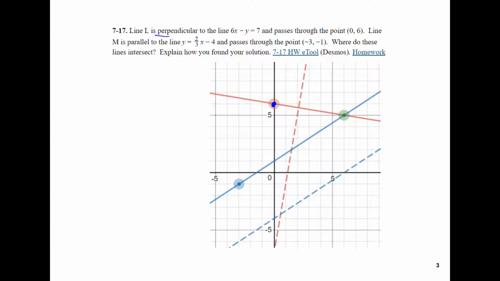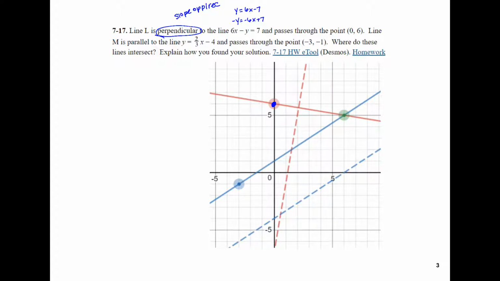They then told us it is perpendicular to the line 6x minus y equals 7. So if we solve that for y by using our inverse operations, we get y is equal to positive 6x minus 7. When we see that something is perpendicular, we know that our slope should be the opposite reciprocal.